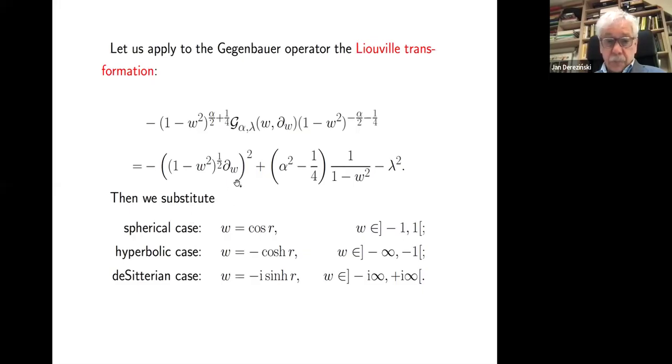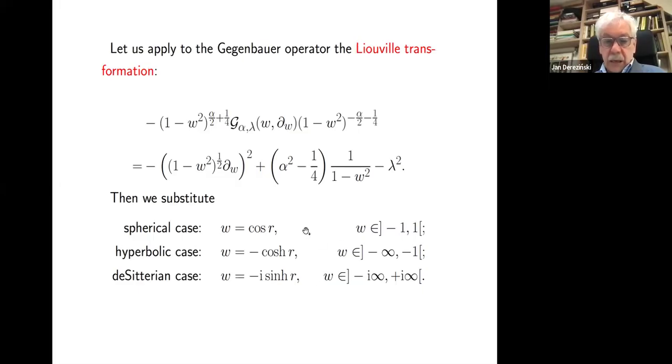Now, here I described the Liouville transformation for the Gegenbauer operator, and the variable w can be complex. But to get a Schrödinger operator, you want a real variable, and you can choose this variable in several ways.